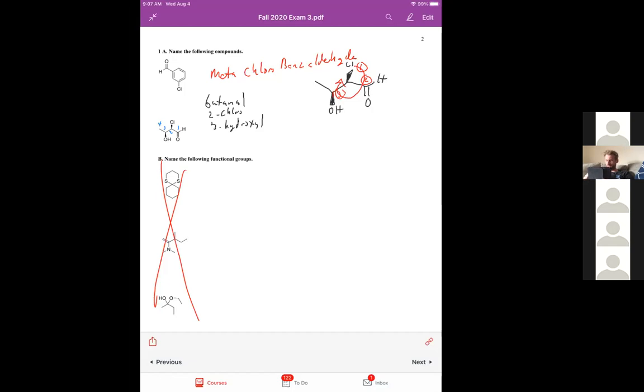So that would be R. OH should be 1, Cl is going to be 2, methyl is going to be 3, counterclockwise should be S here. So putting this all together, we're going to have a 2R, 3S.